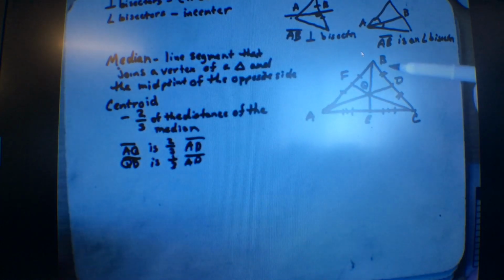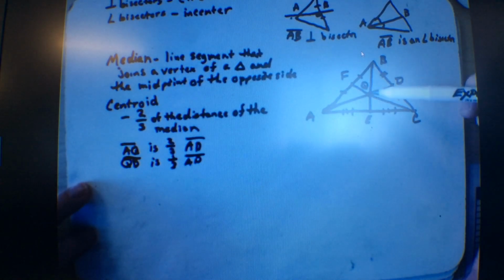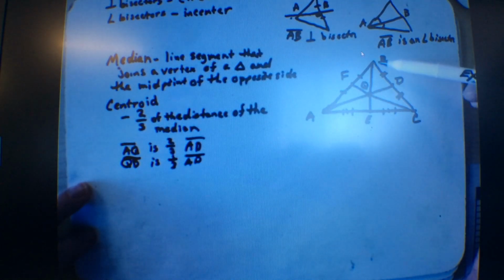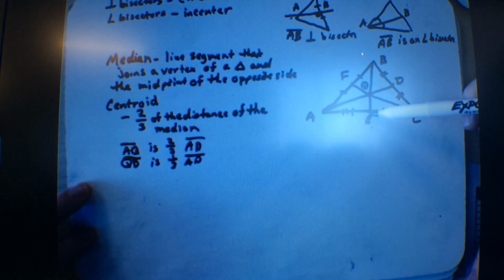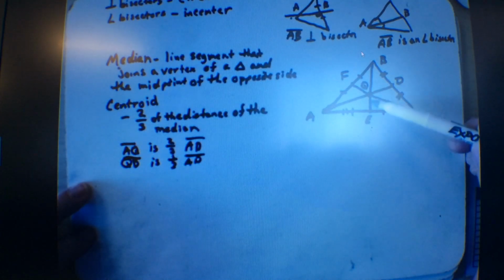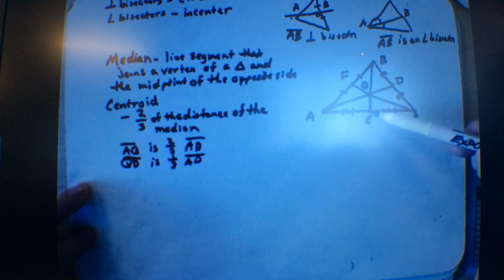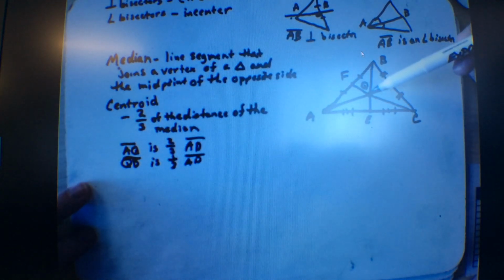So I want to explain something. How far is it from here to here? From B to Q. 2/3 of BE. So how far is it from EQ? 1/3 of BE. How far is it FQ?